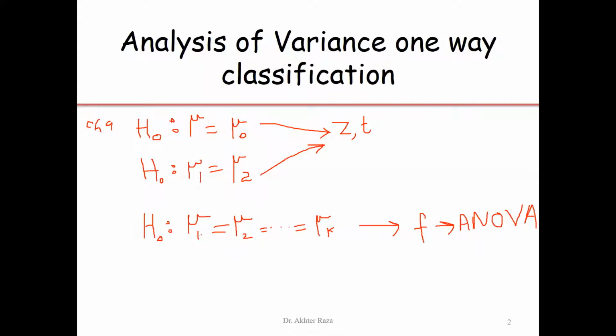Suppose I want to compare mean 1 with mean 2, mean 1 with mean 3, mean 1 with mean k, and I have to make k combination 2 number of hypotheses to be tested if I want to test this hypothesis by two-mean test. The two-mean test will be quite lengthy, and we'll have other issues too.